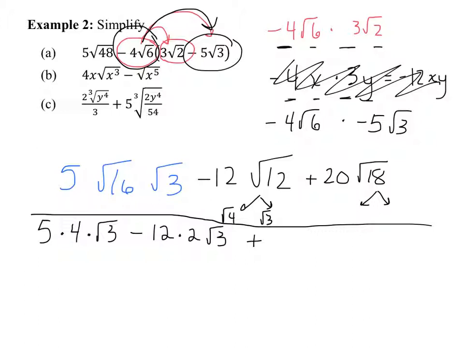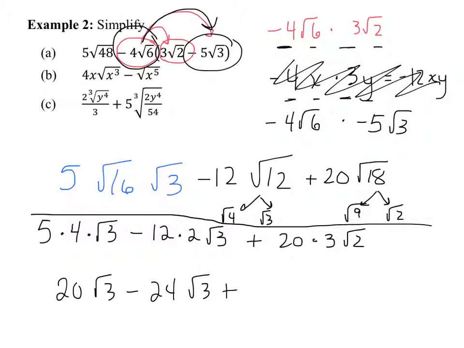What perfect square goes into 18? 9. So we got 9 and 2. So I've got plus 20. Now root 9 is really a 3. And then root 2. So let me simplify all my coefficients first. 20 radical 3 minus 24 radical 3 plus 60 radical 2.